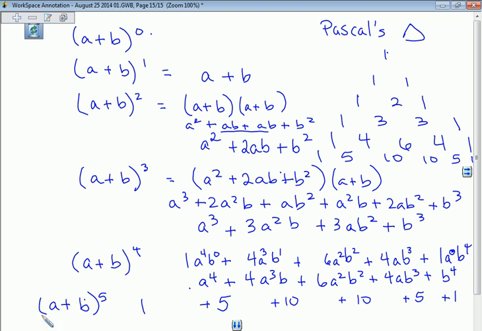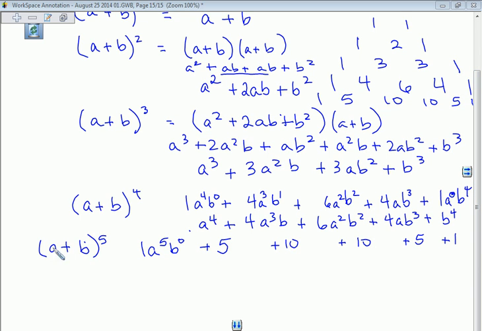Okay, so the first term of our binomial gets raised to the fifth power. And the second term to the 0, so that it adds up to 5. Then we take that first term and drop it down 1. So now the first term gets raised to the fourth power, and the second term gets raised to the first.